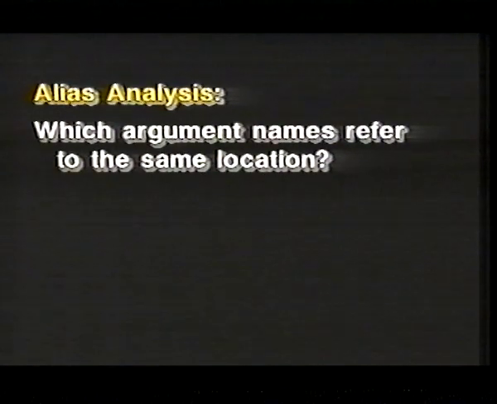In Fortran, the name of a procedure may be passed to a dummy argument which is declared external and referenced as a function or subroutine. In C, the addresses of functions can be taken, stored in variables, and passed as arguments. When these pointers are dereferenced, the function is executed. Alias analysis answers the question, which argument names refer to the same location?